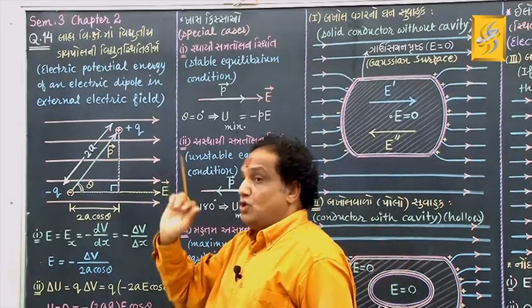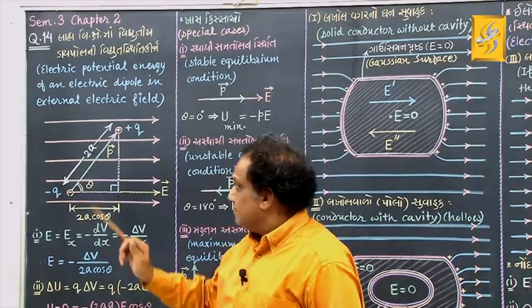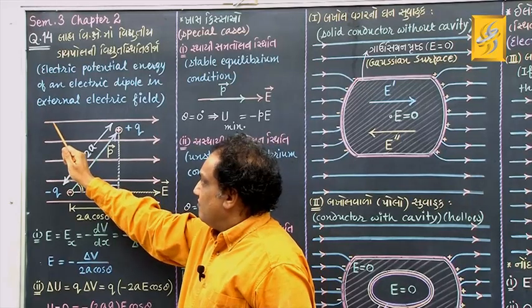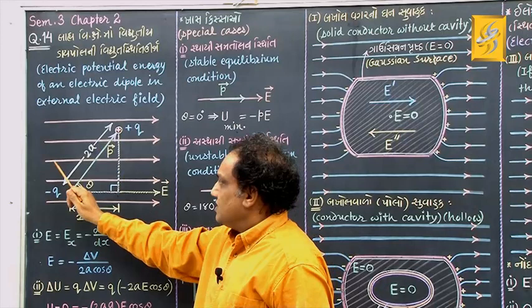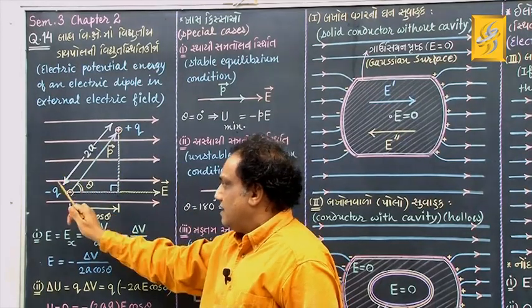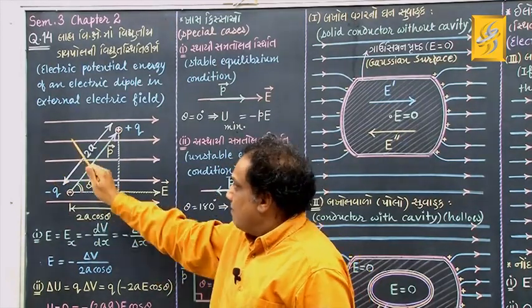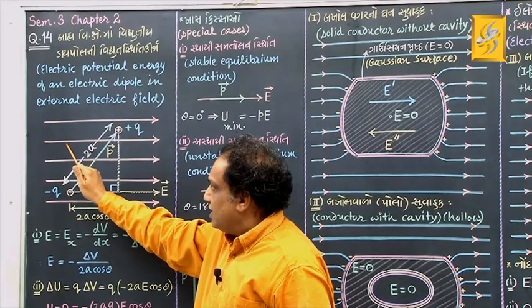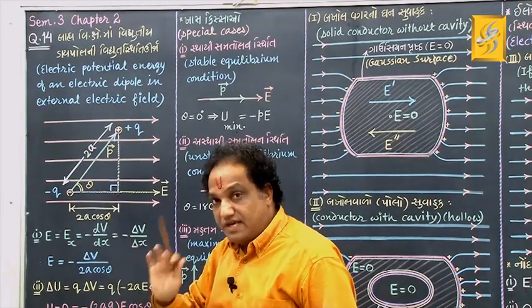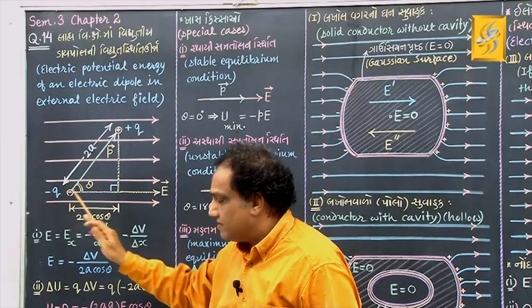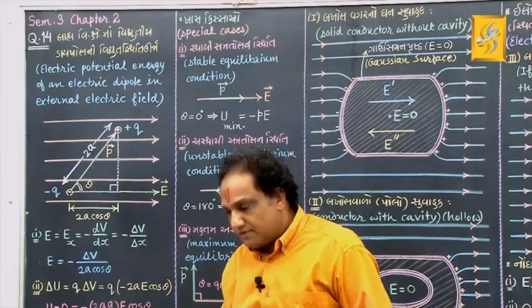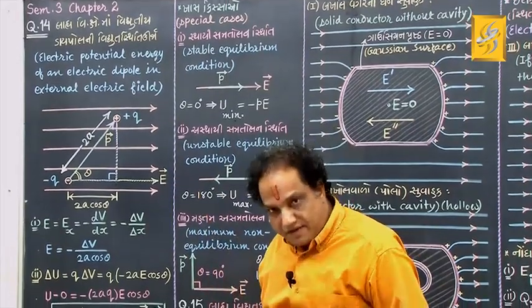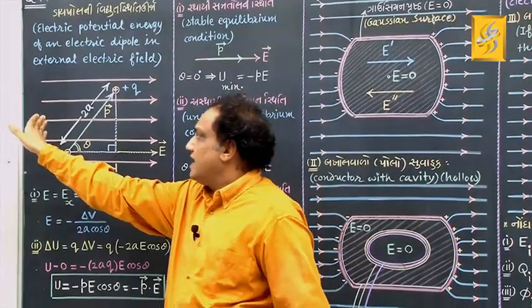Consider one uniform electric field which is shown in the diagram with the help of these electric field lines. You can see all of them are mutually parallel. Not only that, perpendicular separation between each two consecutive field lines is the same everywhere. Okay? This indicates uniform electric field. Let it be vector E. At present it is towards the right hand side.